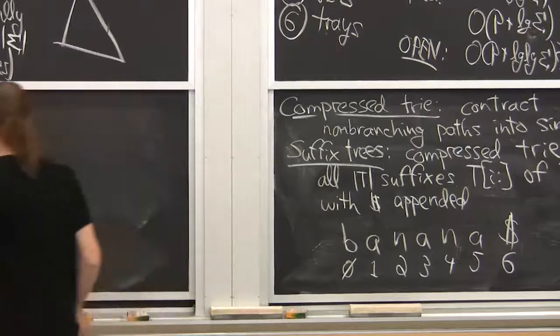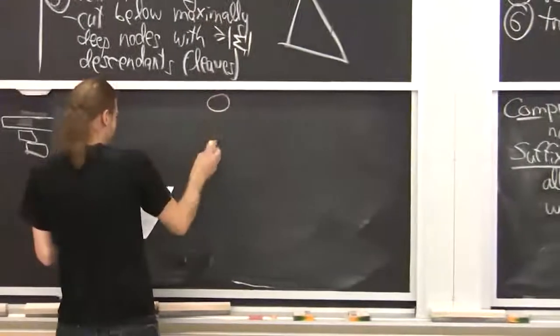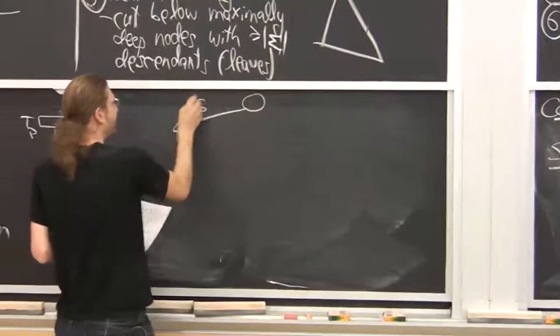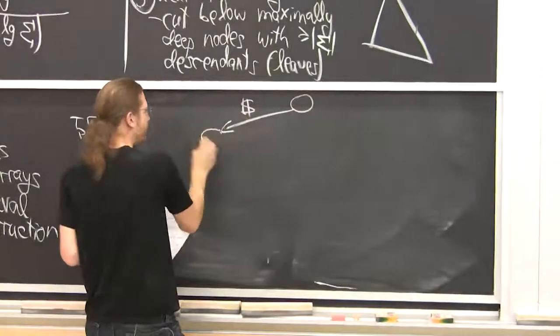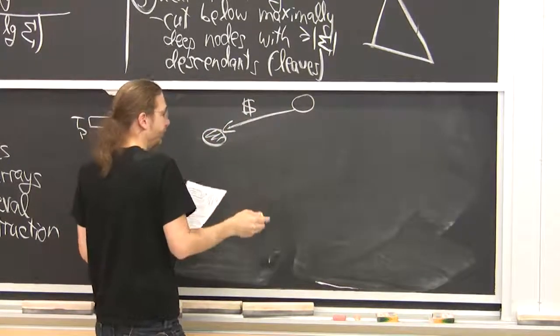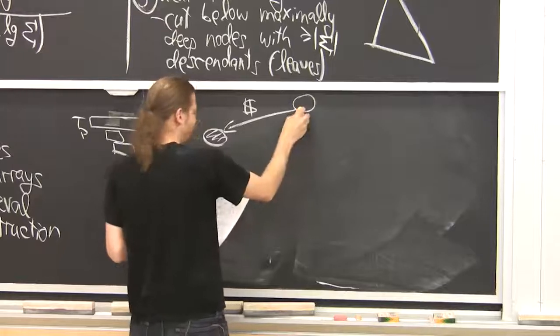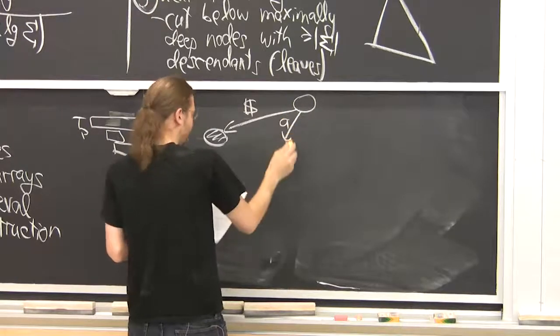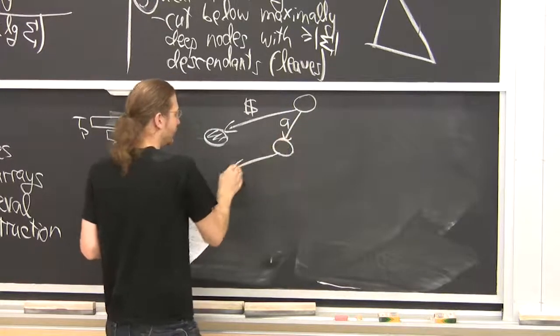Cool. So I'm going to cheat a little bit and look at my figure because it takes a little bit of thinking. One of the final challenges of this lecture will be to construct this diagram in linear time, but for now, I'm going to cheat.